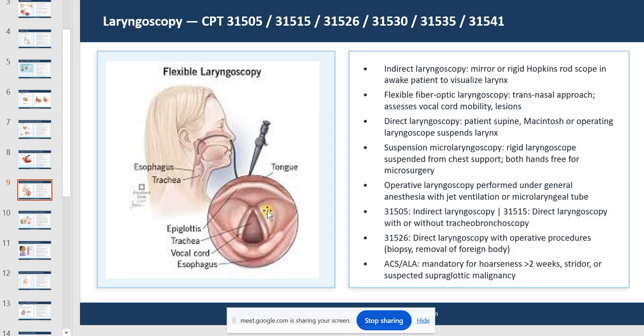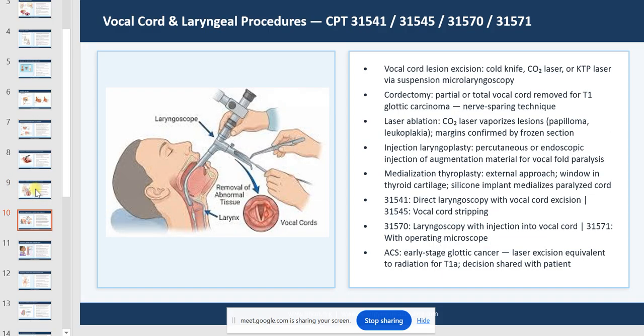So you'll come across cases like laryngeal cancer, tumors that can be removed with the help of this flexible laryngoscopy. So the procedures on larynx, different parts, removal of abnormal tissues, all this, right?